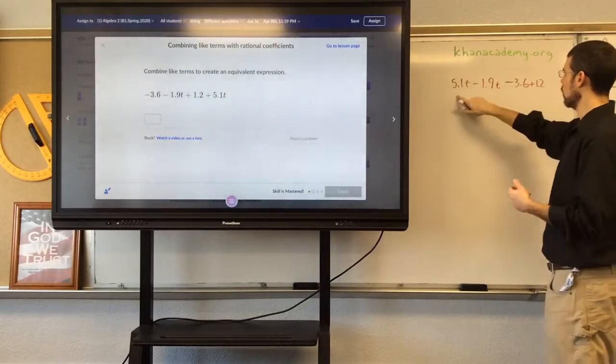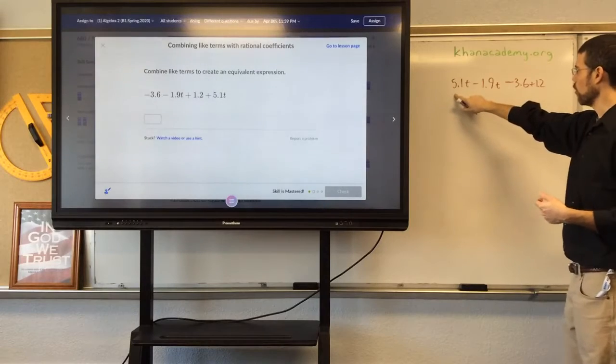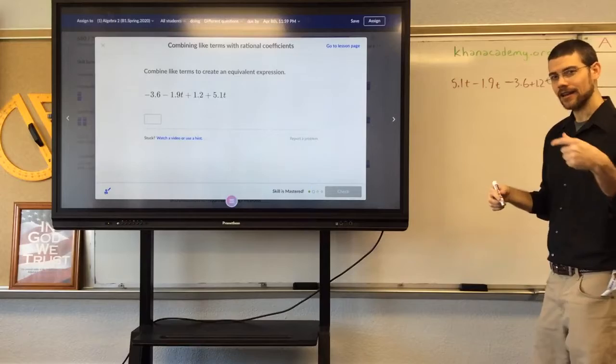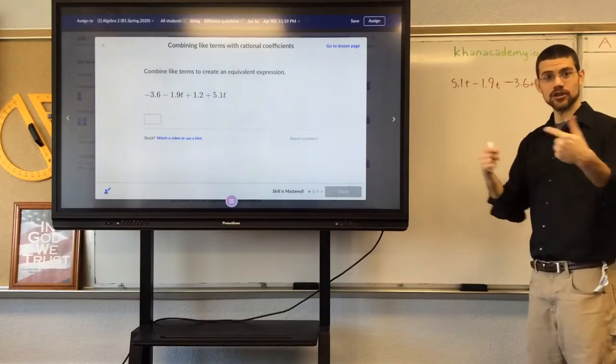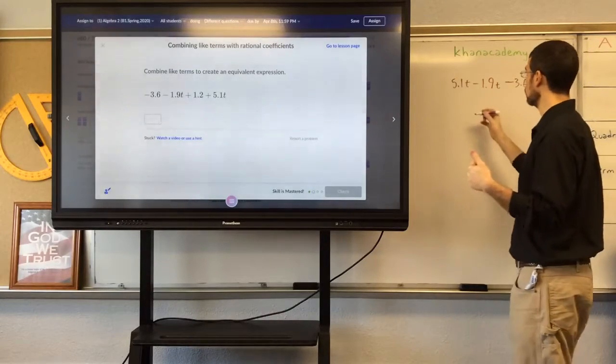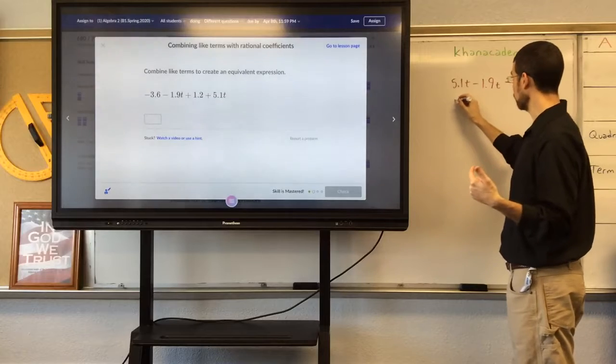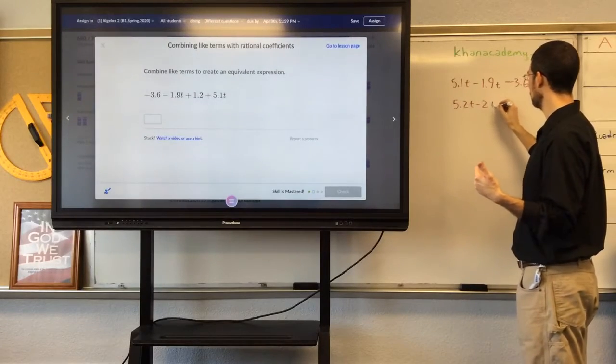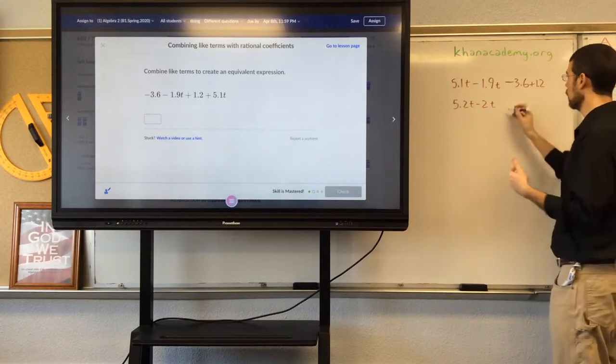All right, so we can simplify that. 5.1 minus 1.9. If I add a tenth to each of those, the difference between them will stay the same. So let's do that. It'll make the problem simpler. 5.2t minus 2t. Okay?